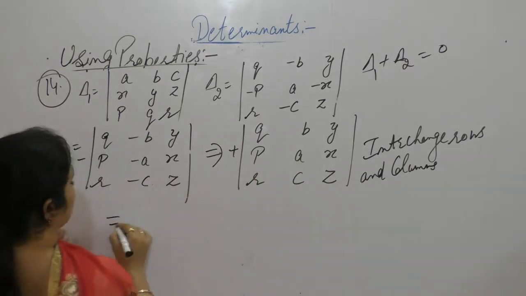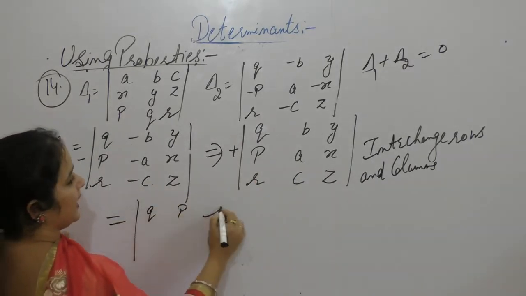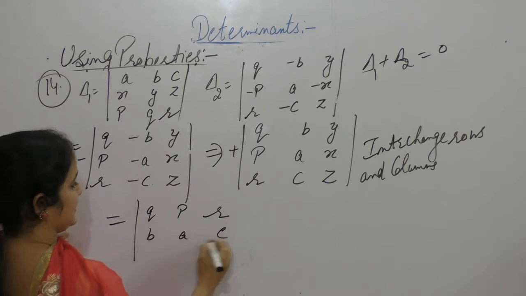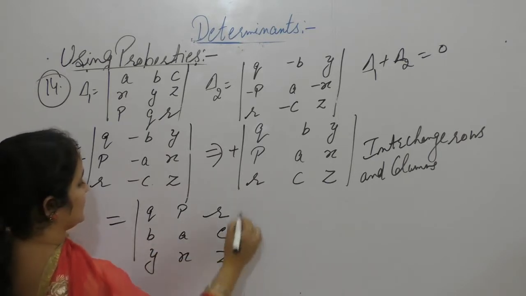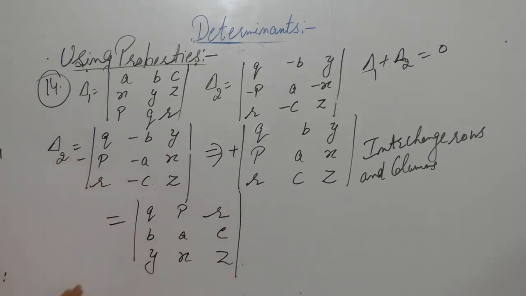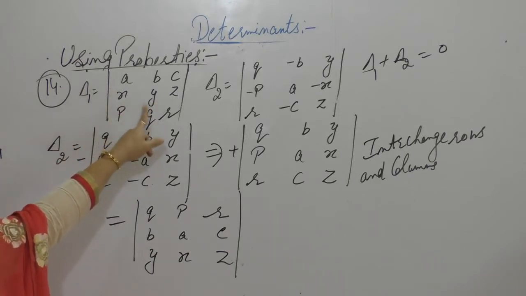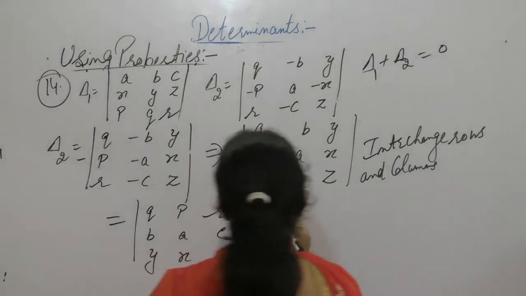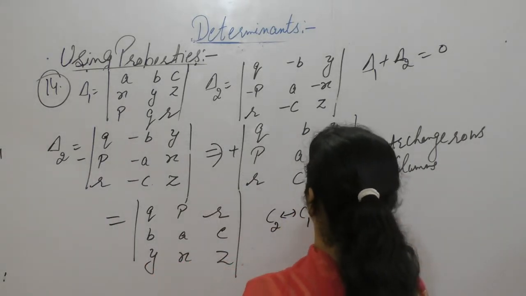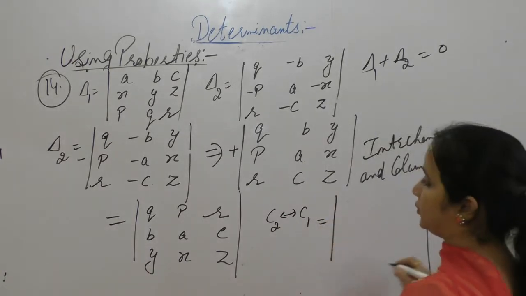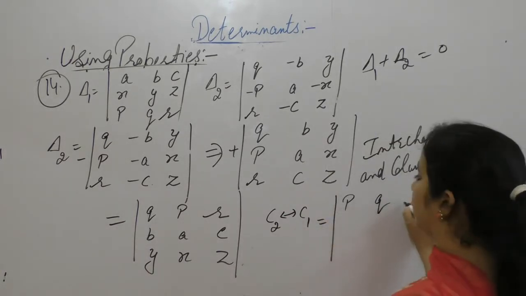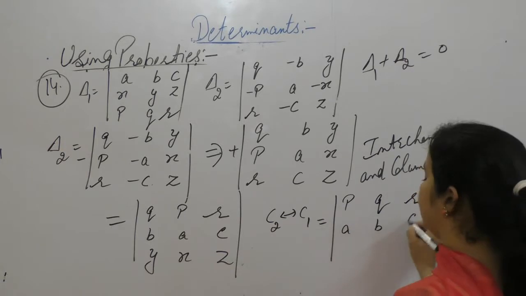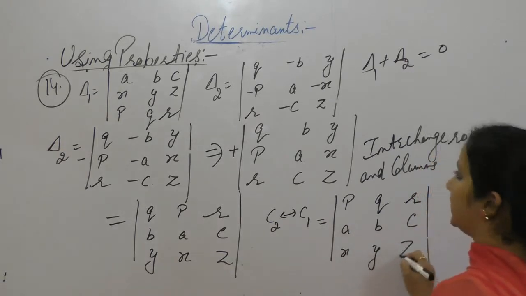So column becomes row: Q, P, R, B, A, C, Y, X, Z. Now here we have the terms ABC, XYZ and PQR. Now interchange C2 and C1. Column 2 and column 1 we will interchange. So PQR, ABC, XYZ.